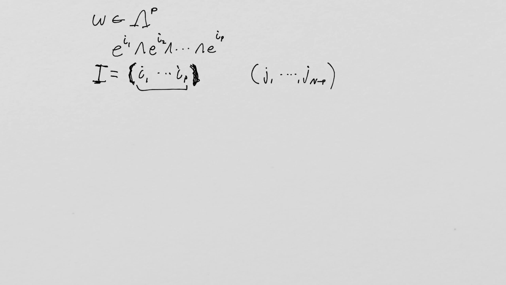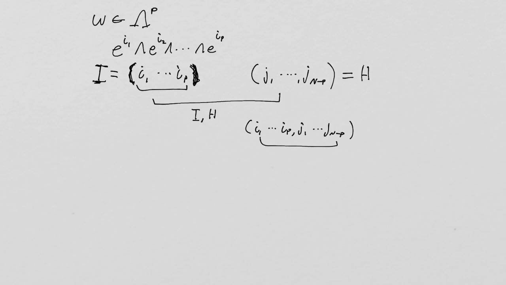So if I combine this list with this list, and I'm going to call that sequence h, I will get the list I, comma, h, and that is going to be I1 to IP, J1 to J_{n-p}, and of course that's going to be a list n long, and that list will be I, comma, h, right?